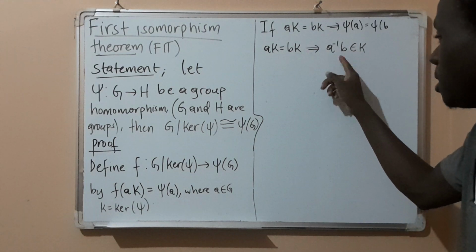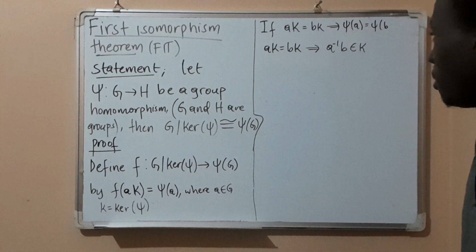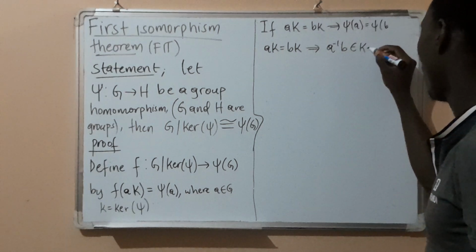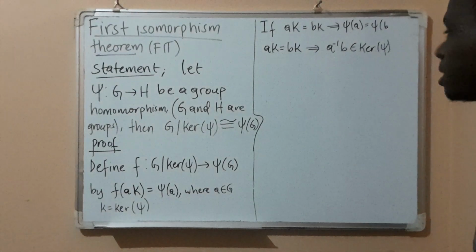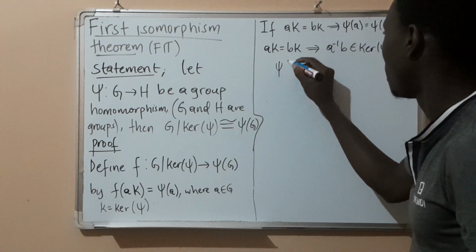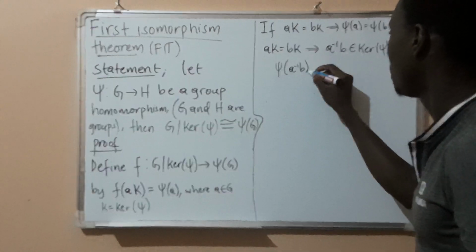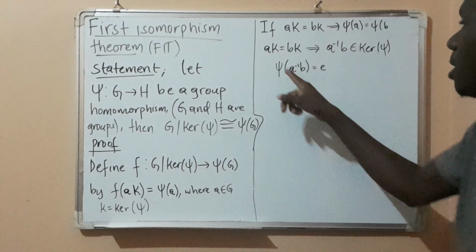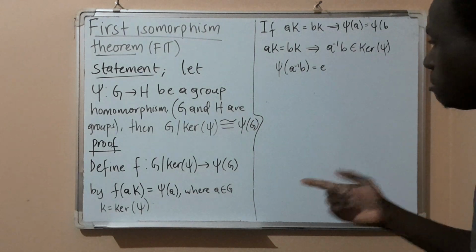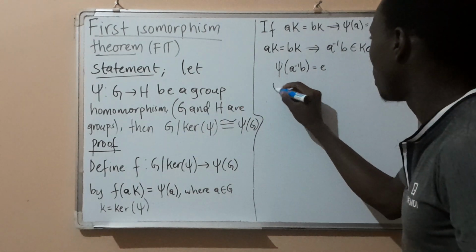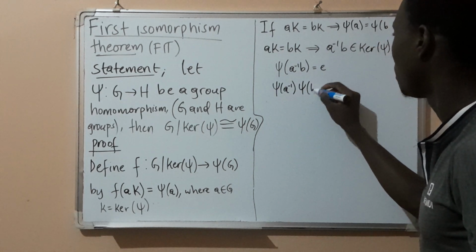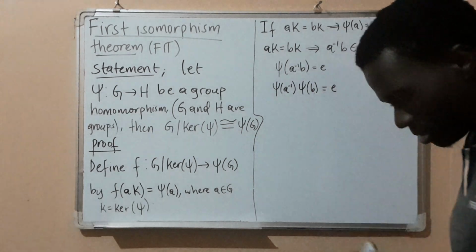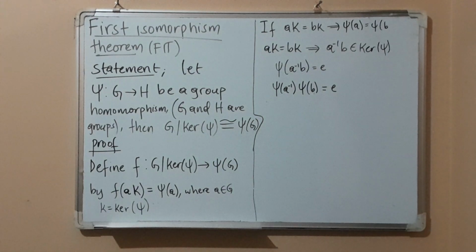To be more elaborate, it is within the kernel of phi. That means phi of a inverse b is equal to identity. And we know that phi is a group homomorphism.